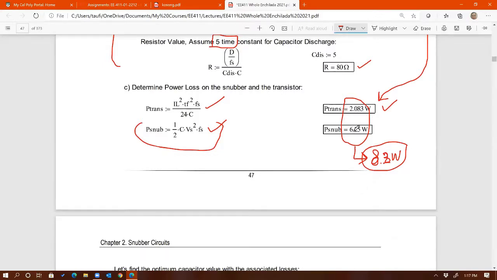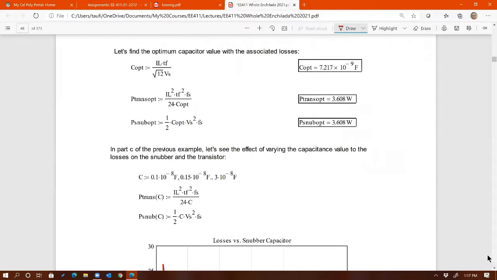PQ is not the same as P snub, right? But in order for us to get the minimum possible amount of total loss, these two have to be the same, right? And that could be done when the capacitor value is equal to the optimum value. Did I do that here? I did, yes.